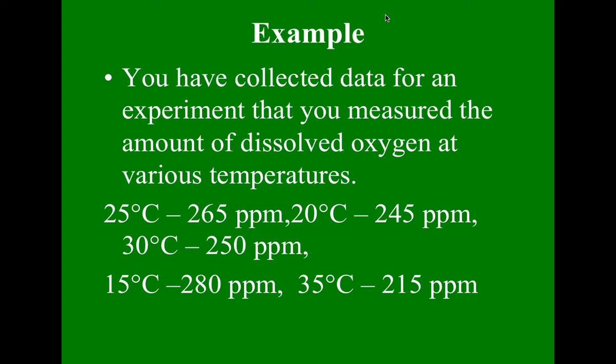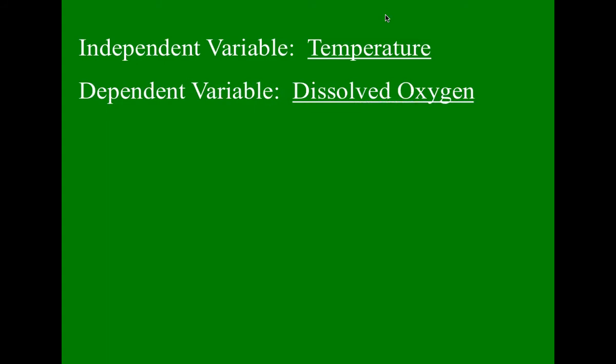If you think about what you can control as a scientist, I can control the temperature. I can actually change the temperature of the water, for instance. What I can't control that we measured is the amount of dissolved oxygen.